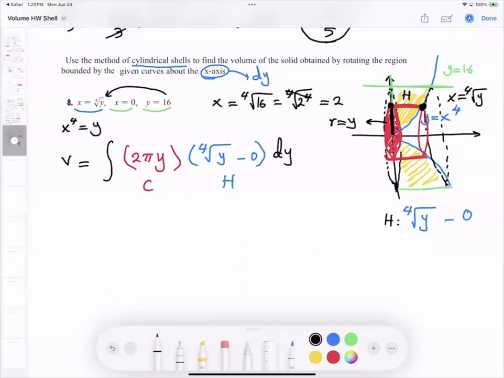But what is the minimum y value? What is the maximum y value? The y value starts from 0 and goes to 16. This is the maximum y value you see. 0 to 16.